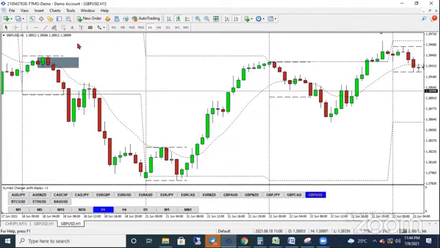If price breaks above this bullish candle, we'll assume that this trend has been truncated and we are going long. However, price never really got to that point. So it basically gave us this and this. Then price dropped lower.